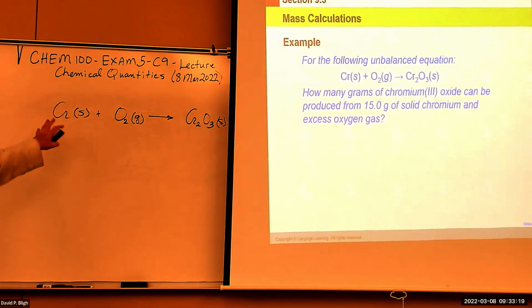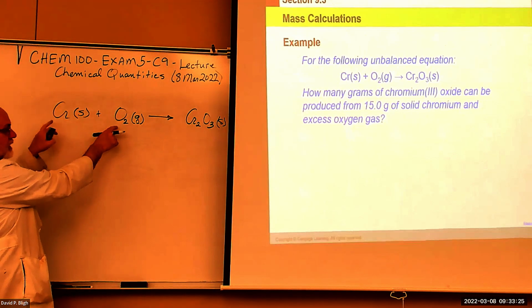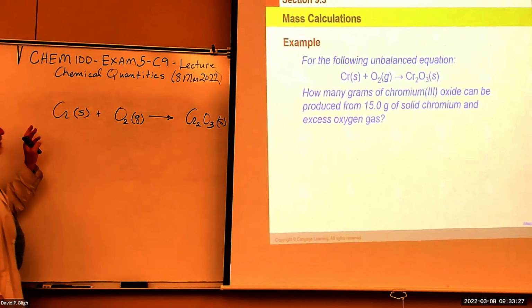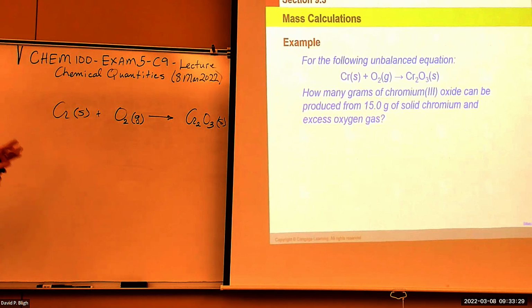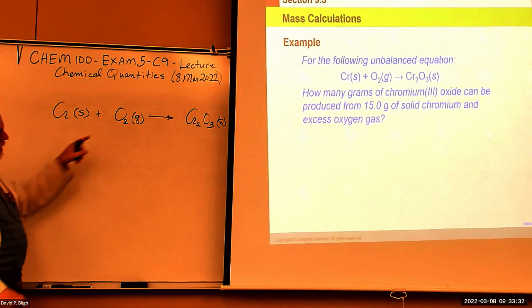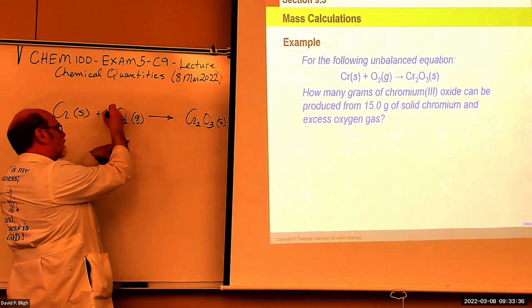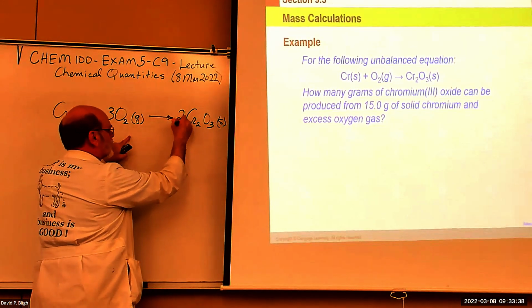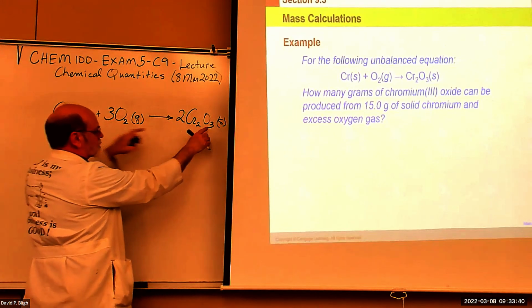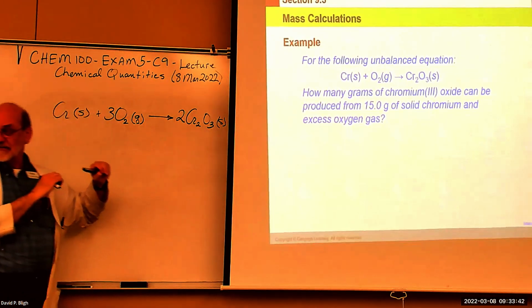Okay, so we have our equation. Now we need to balance it. Since we have elements here and here and over here, we can do this without the budget. This one's 2, and that one's 3. If I put that 3 over here and that 2 over here, that means 6 oxygens, 6 oxygens.